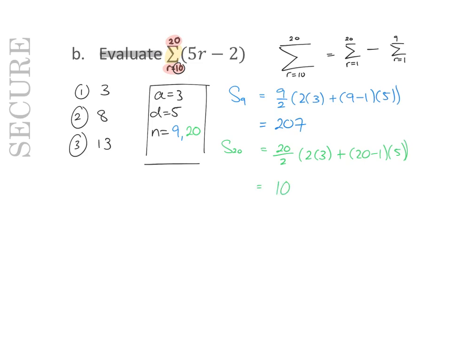And that gives you 1010. So the total sum is 1010 minus 207, which is 803. You can check by putting that in your calculator, and that will give you 803.